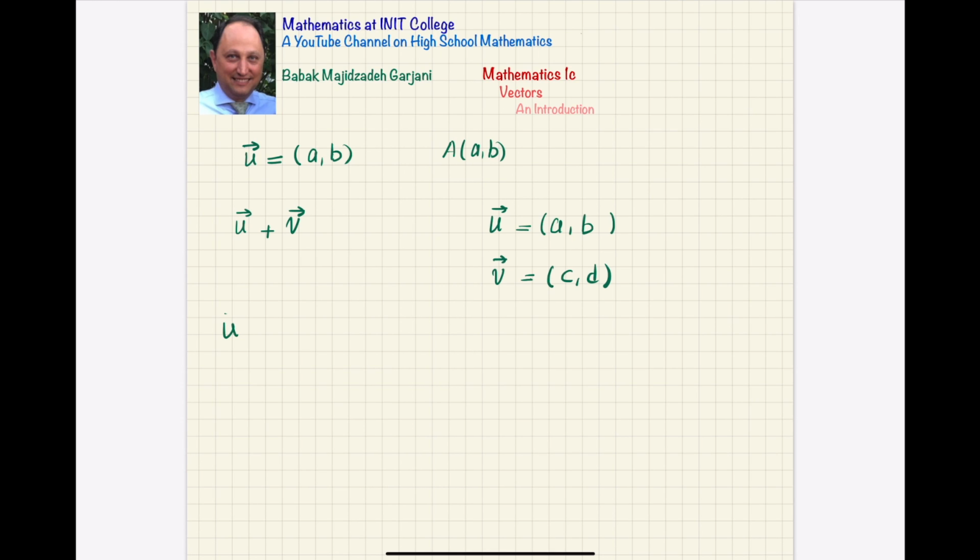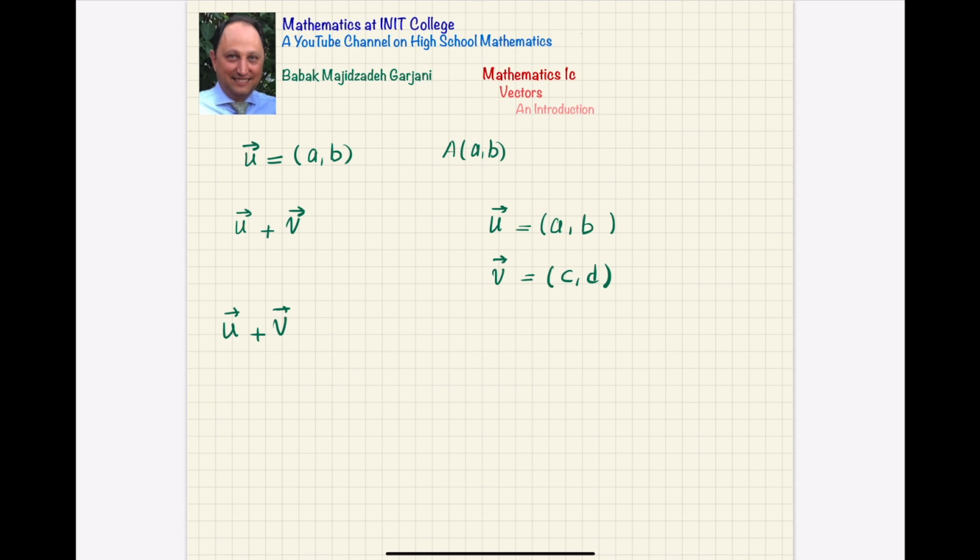Now, what can I do if I want to have u and v added? This becomes a new vector. We already know that if I add two vectors, it becomes a new vector. And in this setup, a new vector means a new ordered pair. Now my question is how the ordered pair of this vector connects itself to these two ordered pairs. Yes, that's exactly the same thing.